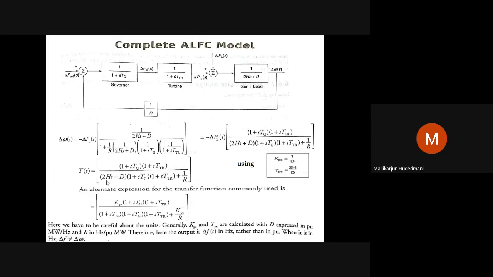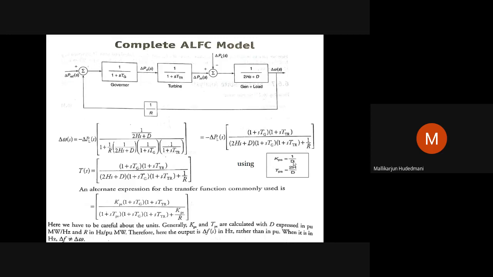It means wherever I have D you take it down here, and 2H by D is outside. Similarly, in this particular representation, Tps is 2H by D, Kps equals 1 by D. Whatever term I have taken here, if I take D common and make it a numerator, what will happen? 1 by D becomes Kps.